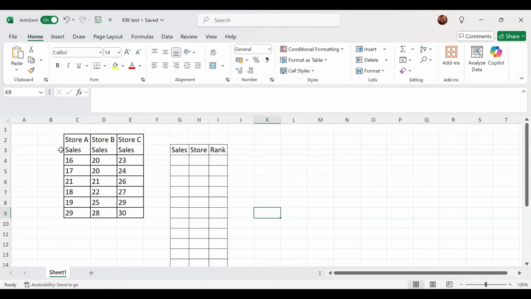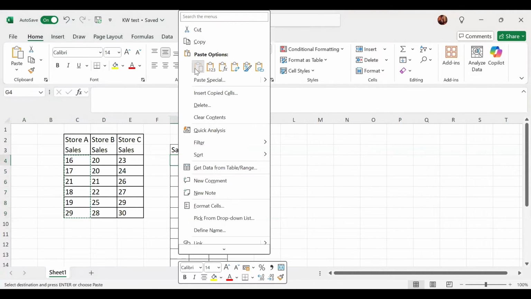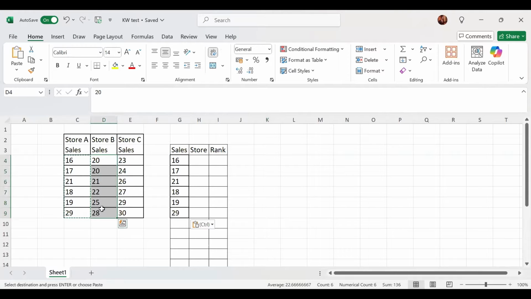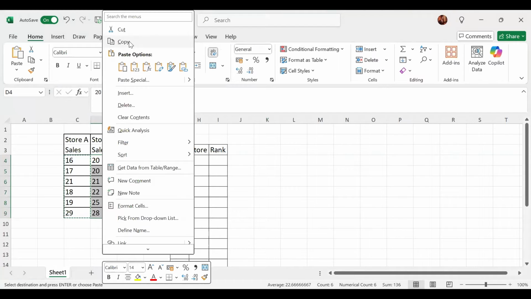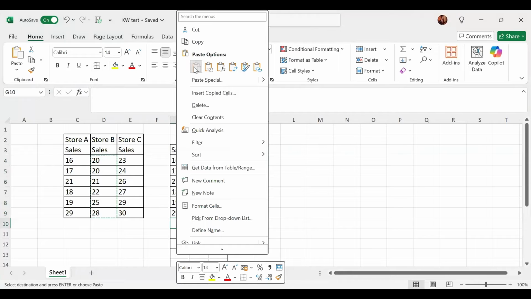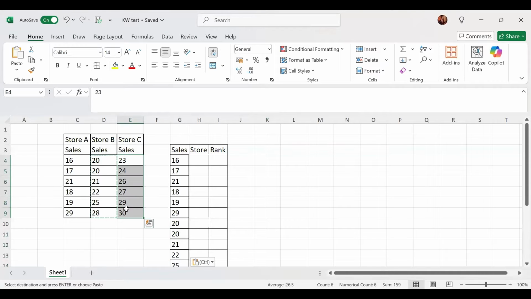So this is the same data as given in the question. Store A's sales, store B's sales, and store C's sales. Now we will copy all the sales in the next table, in this table. And again, this below that. And then this below that.